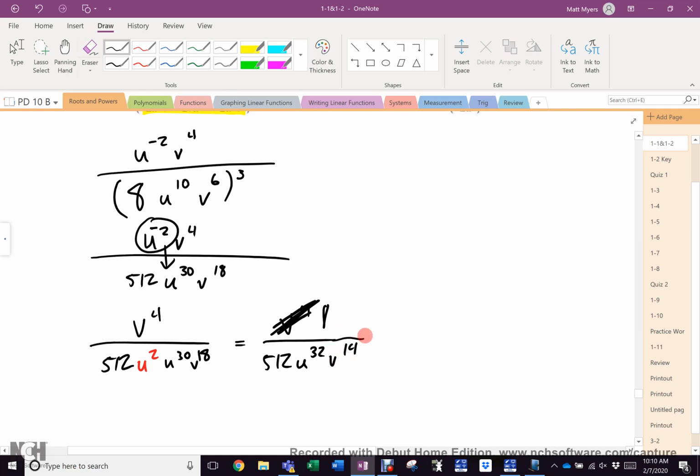Now, this is why you have trouble with exponents. Because your grade 9 teacher showed you this law this way. Just like I did, right? X to the m minus n. Right?